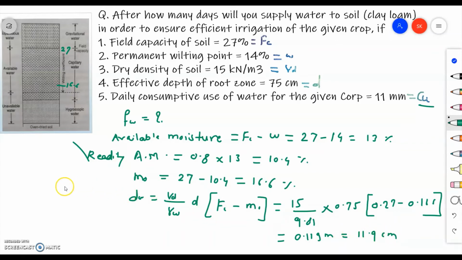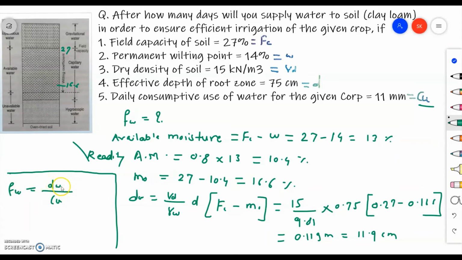Now we are supposed to find out the irrigation frequency. We have the consumptive use also, so I will find out FW. The formula for FW, that is watering frequency, is basically dW divided by consumptive use. Why is the formula like this?